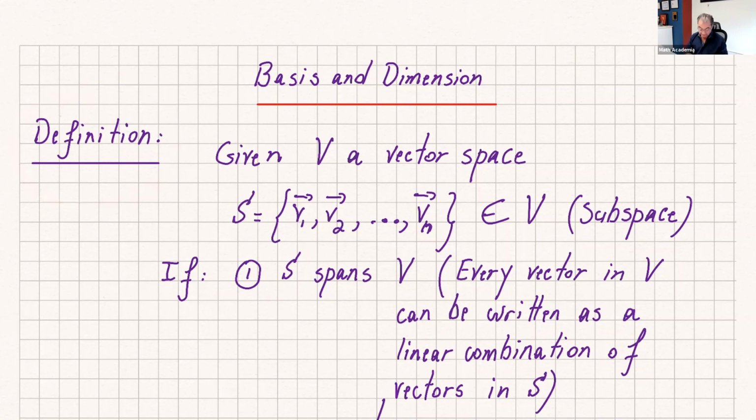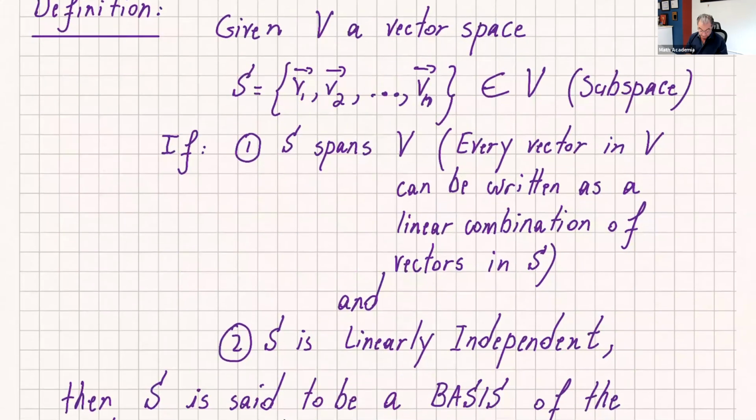Given V a vector space, and we have a set of vectors S, which is a subspace of V. Now there are two conditions.